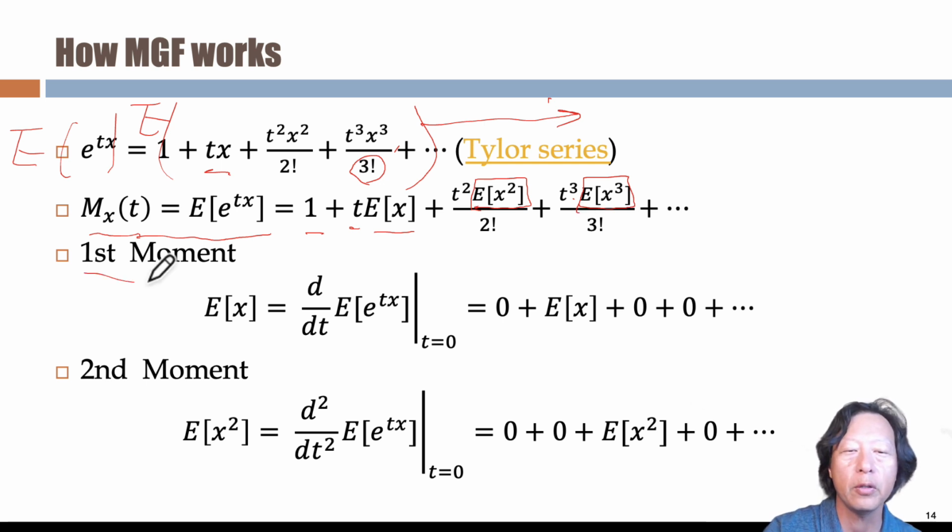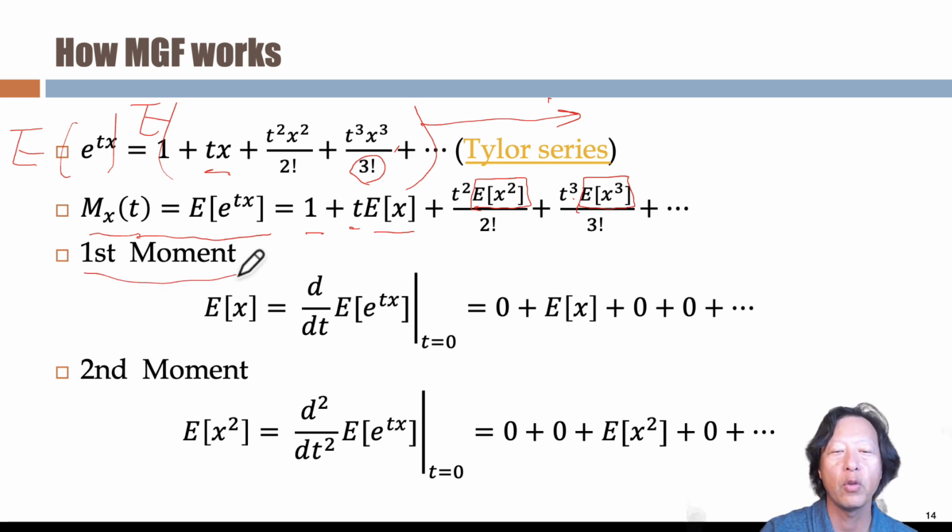So the first moment, by definition, requires taking a derivative one time. The expected value, the first moment, is the derivative with respect to t of the expected value of e to the power tX. If you take a derivative with respect to t, 1 is not a function of t, so it becomes 0.